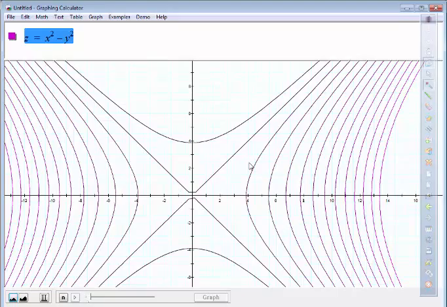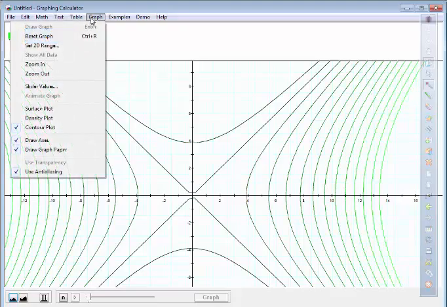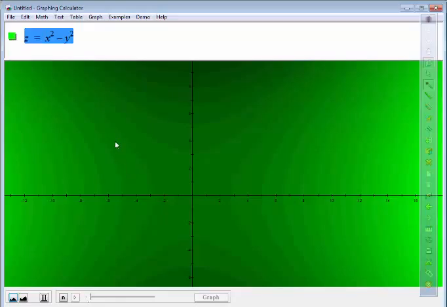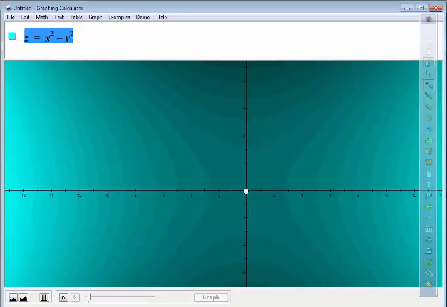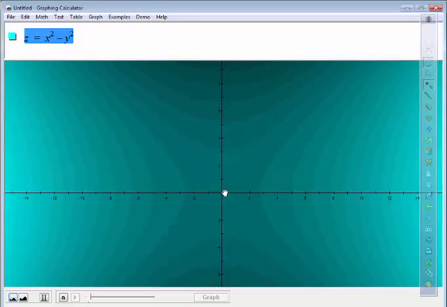And then if you want to follow that up with colors, you can use what's called a density plot. That's harder to see. Kind of like that temperature plot that we had. Usually it's lighter where it's higher.